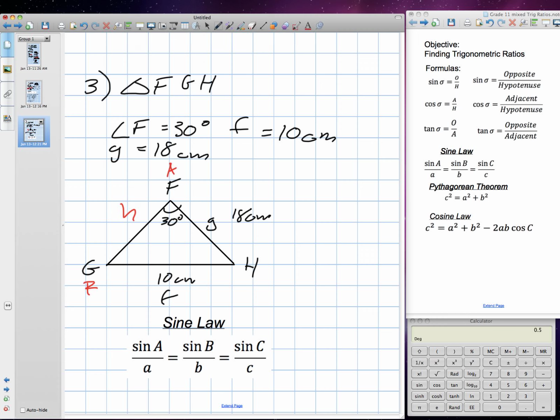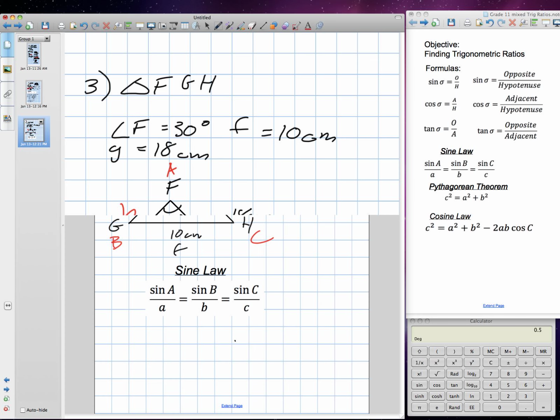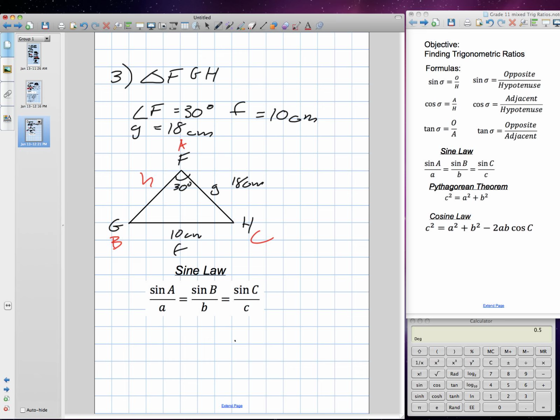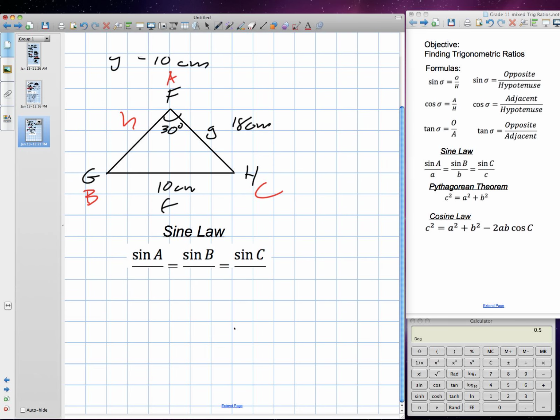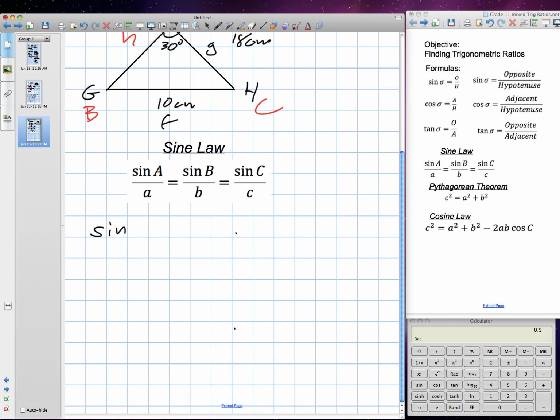So we're going to have the ratio for side A. There you go. So sine 30 divided by 10 is equal to sine B, which is that angle, divided by 18. And we don't have anything for C. So clearly we don't use that part of the ratio. We're only using these two.